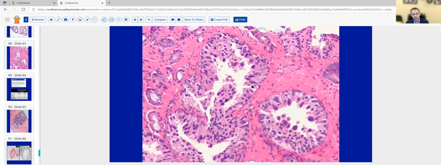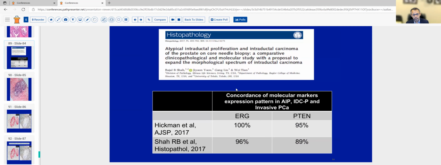Here is an example where there is significant cytological atypia, but it is falling short of the 6-time nuclear criteria for intraductal carcinoma. This is a relatively uncommon presentation. We also looked at the molecular features of atypical intraductal proliferation and intraductal carcinoma, and both have very similar molecular characteristics.